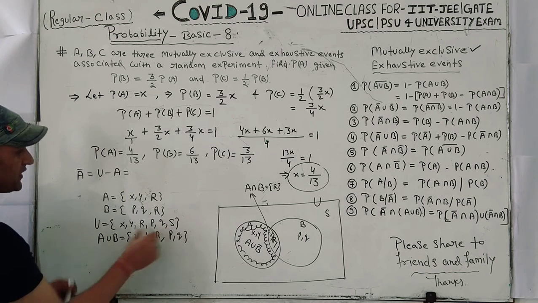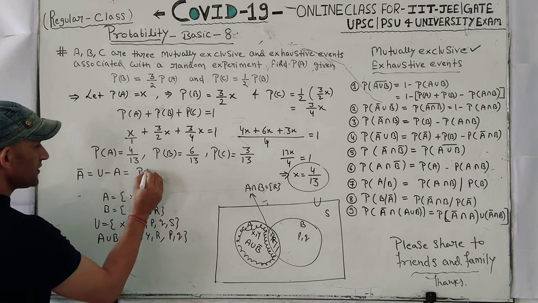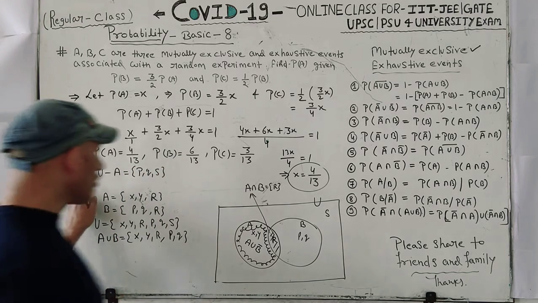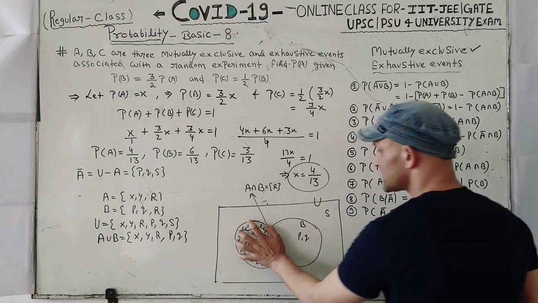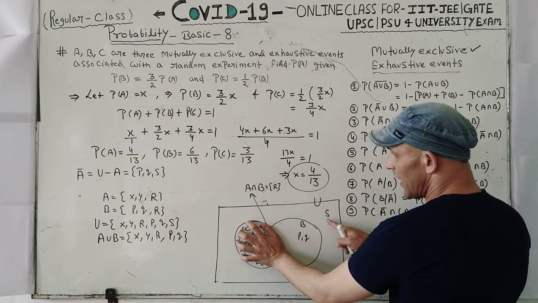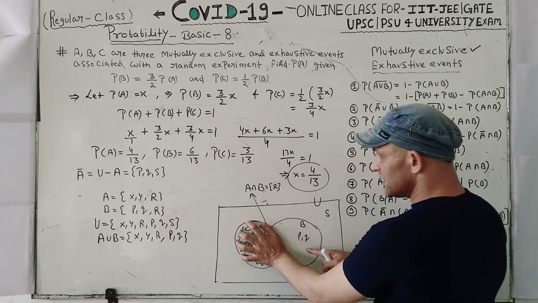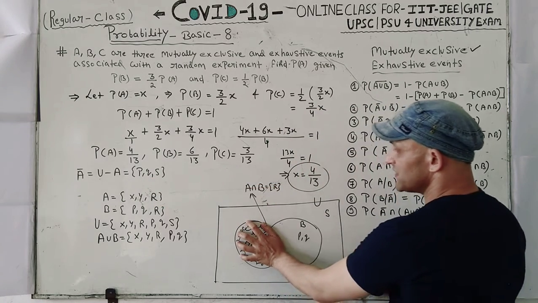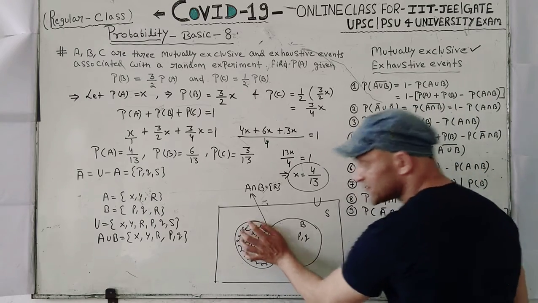The remaining elements are P, Q, S. These are present in A complement. A complement means out of this you are looking for P, Q, S.